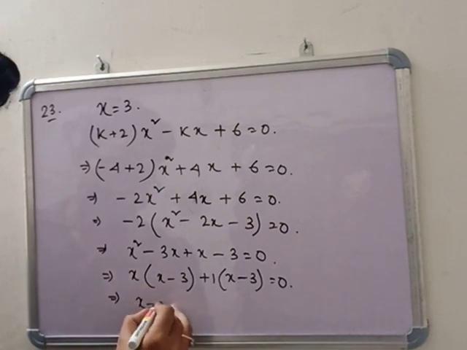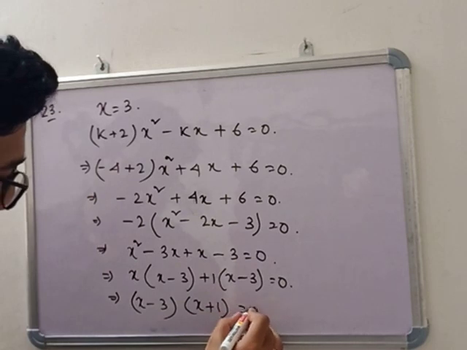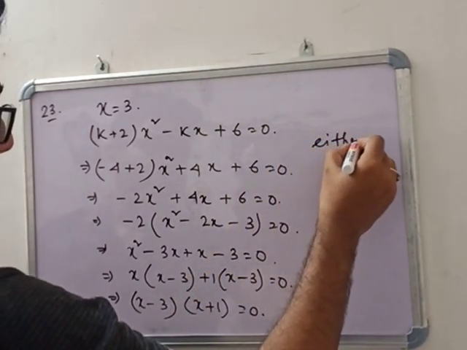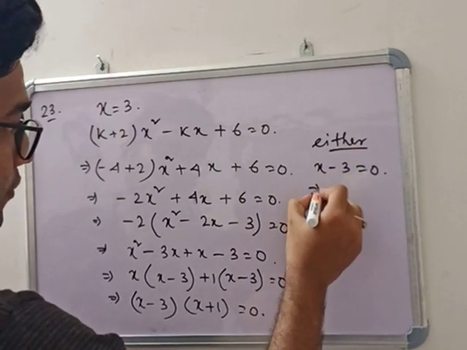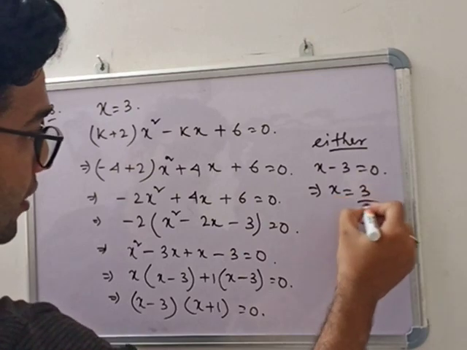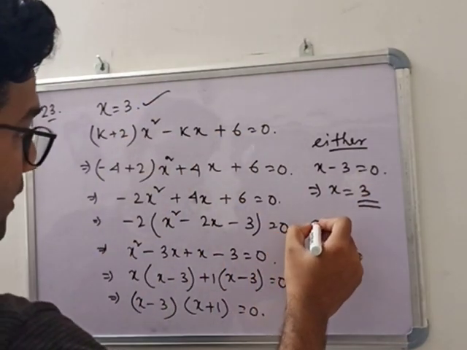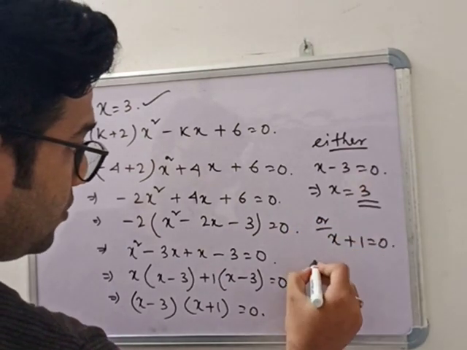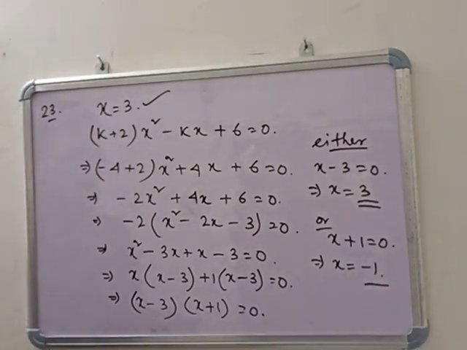That means x minus 3, x plus 1 equals 0. So either x minus 3 equals 0 gives x equals 3, which is already given, or x plus 1 equals 0, that implies x equals minus 1. So another root of this equation is minus 1.